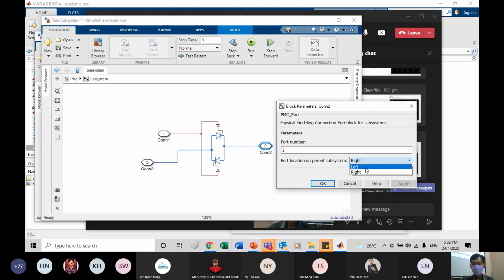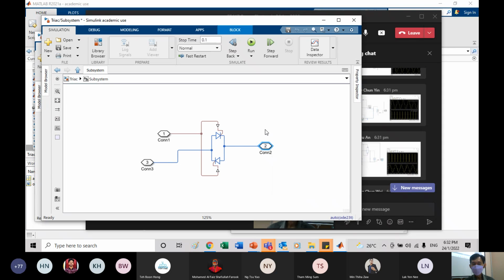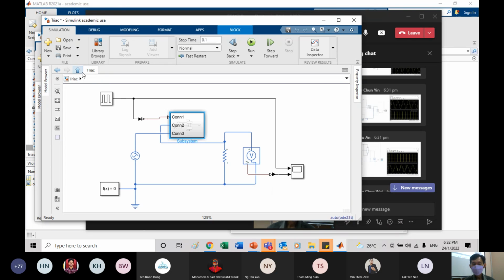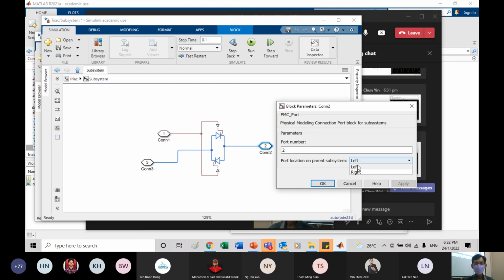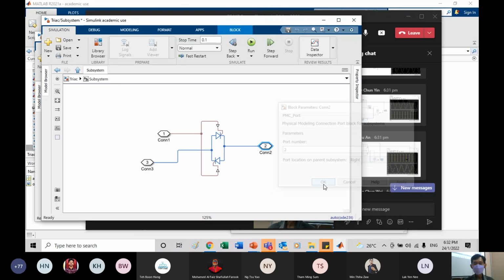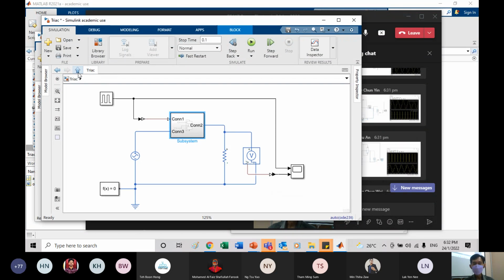Now it's right; if I change to left and click OK, this is what happens. So it doesn't look good. It depends on the system or component you are creating. If you want the thyristor to look a certain way, then you have to rotate it. You can play around, change left to right, and change the port number, the name, the connection, whatever. Understand?